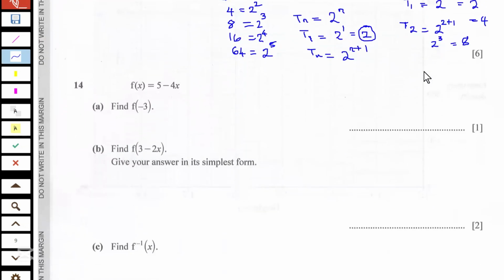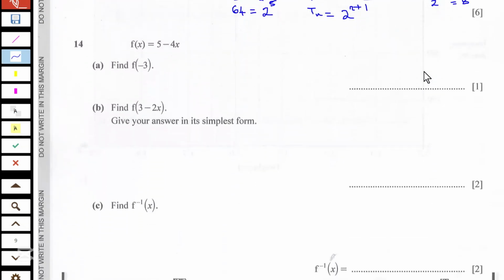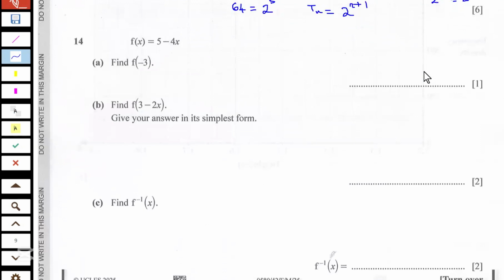Question 14. F of x equal to 5 minus 4x. Find f of negative 3. To find f of negative 3, you have to substitute into the function the value of x as negative 3.